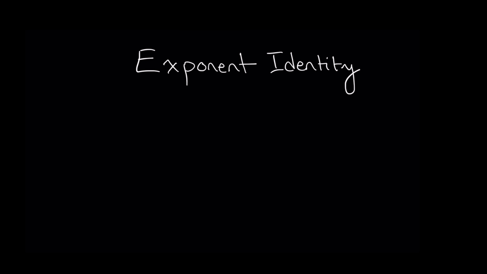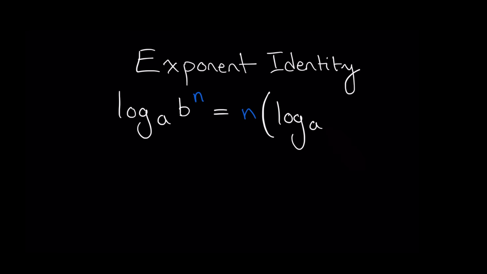Part 3, Logarithmic Identities. Now, the first identity we're going to be looking at is called the exponent identity. So, exponent identity. And basically what this suggests is that any logarithm of base a and argument b to the power of n can be rewritten as n times the logarithm with base a and argument b.